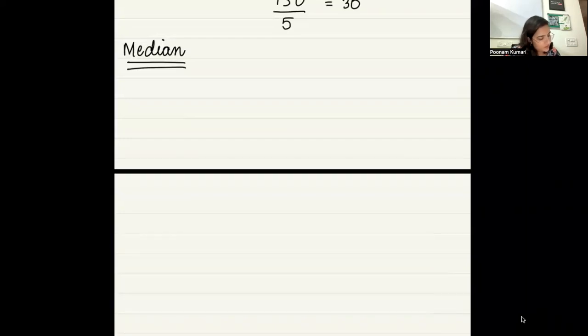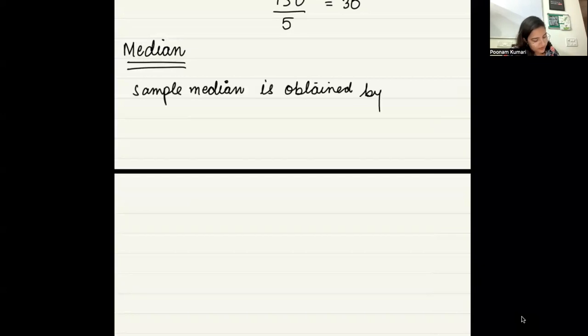If you have to calculate the sample median, what do you do? First, you have to order your data. Let's say you have data which has n data points.